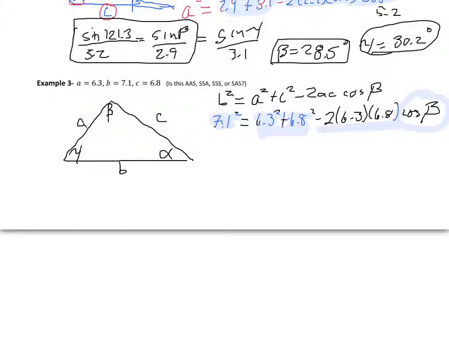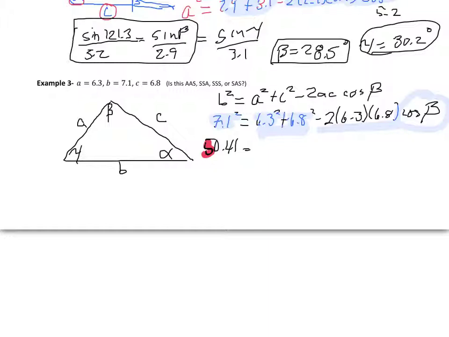All right, so what's 7.1 squared, just quickly? 50.41. Okay, 6.3 squared. Wait, we had 85.83.